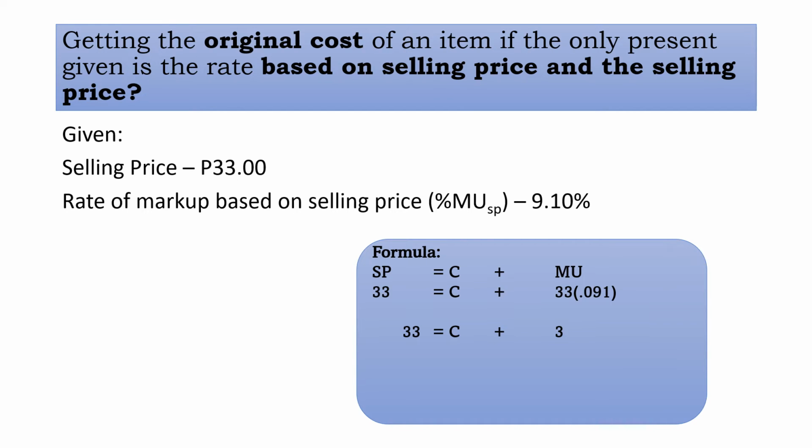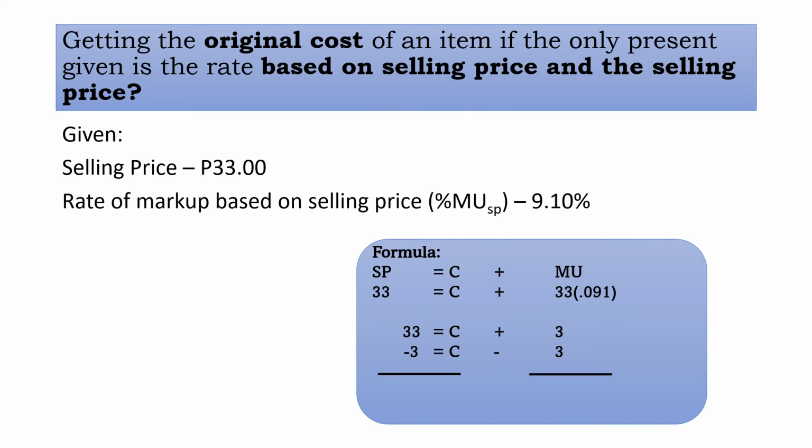Now let us compute the C, the cost. So to enable us to compute for the cost, since it is in addition form, we will subtract 3 from both sides.